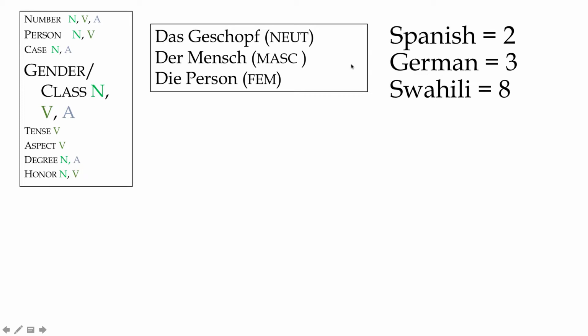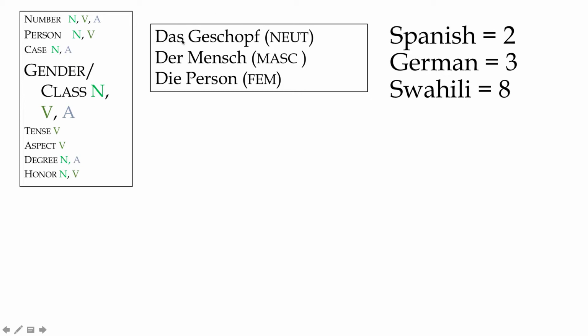A good example of sort of the weirdness of using the word gender is that German has 3 different words for a human being. Das Geschöpf, it would be neutral. There's no gender at all. Der Mensch, with this der article, we call this the masculine gender, and die Person with this die article, we say that this is the feminine gender.